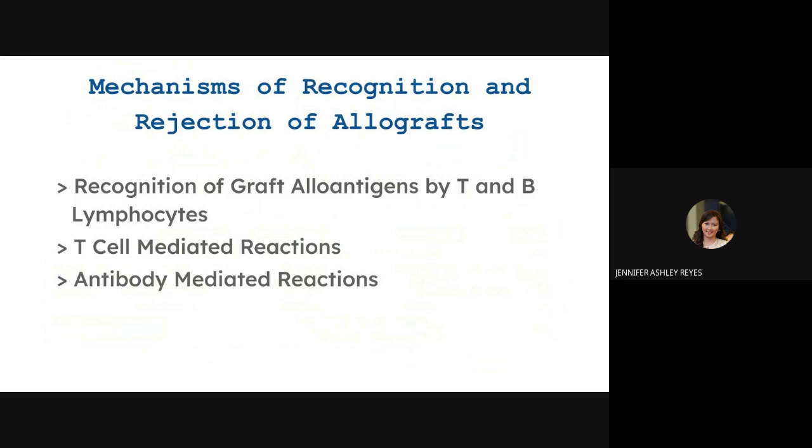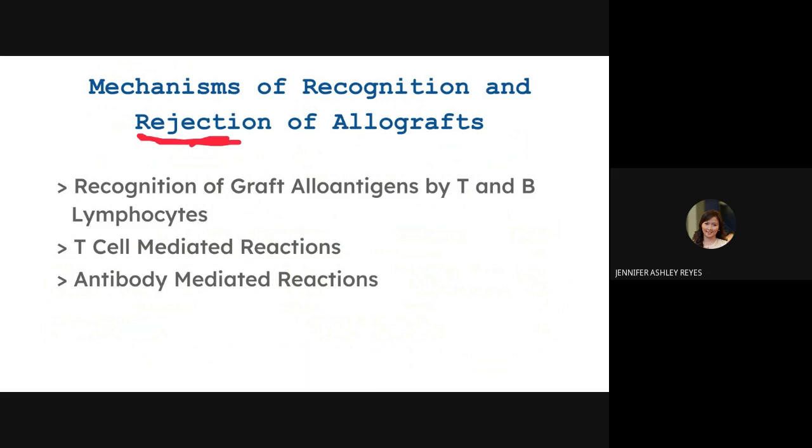Kasi sabi natin, the allogenic grafts and the xenografts are the type of transplant that are the most problematic. So yung rejection, this is a process in which T lymphocytes and antibodies produced against graft antigens will react against those tissue grafts and destroy it.